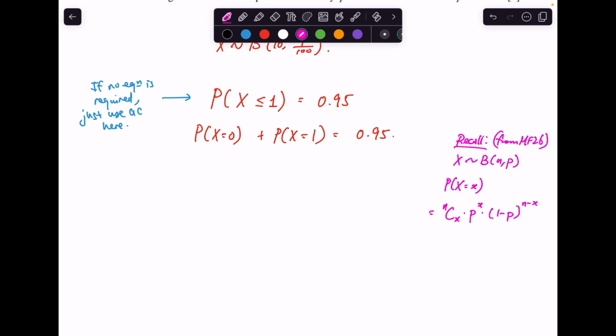So I have this formula here. What I can do is set small x to 0 and small x to 1. So let's write it out.